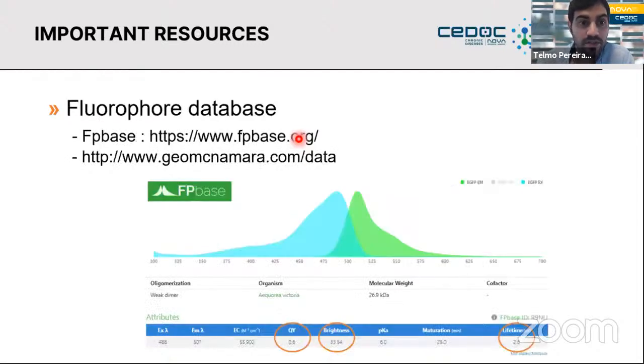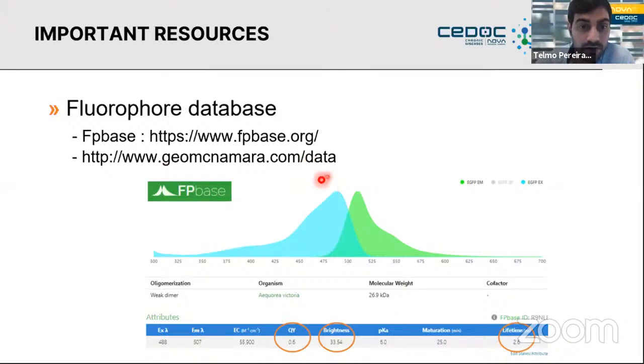So another important resource are fluorophore databases. I'm showing you here 2. This one, FPbase, is very good for fluorescent proteins. And this one down here contains also information for fluorescent dyes.